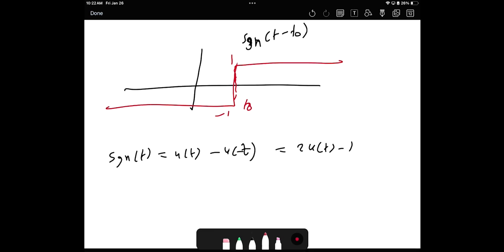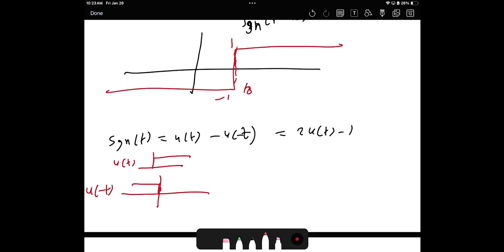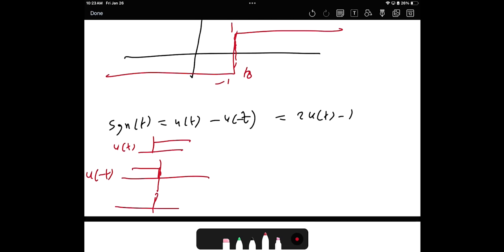How to validate this? u of t is like this. u of negative t is like this. Then when you do the subtraction, the net result will be like this.